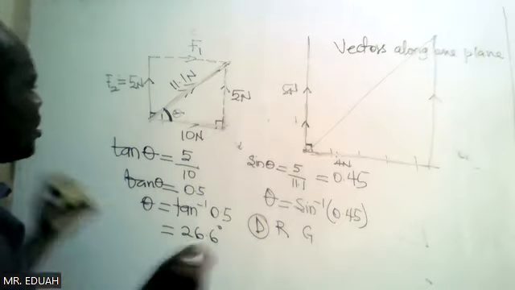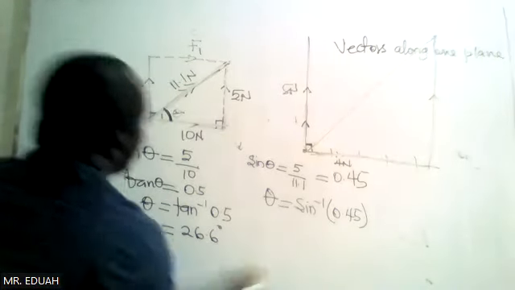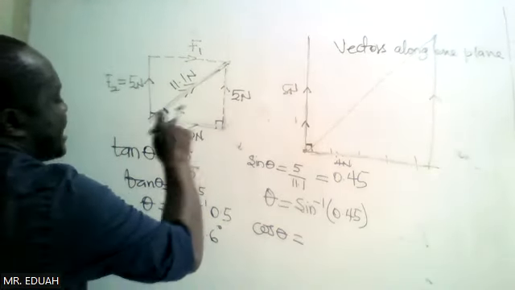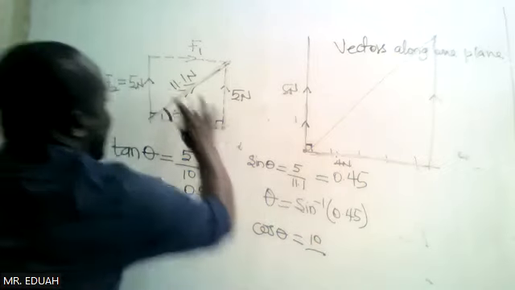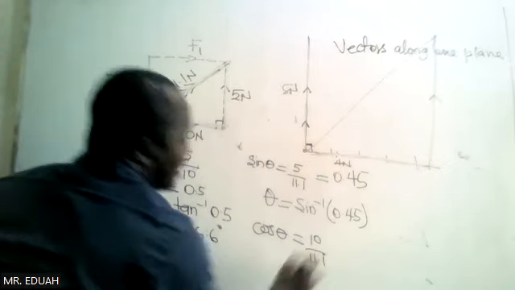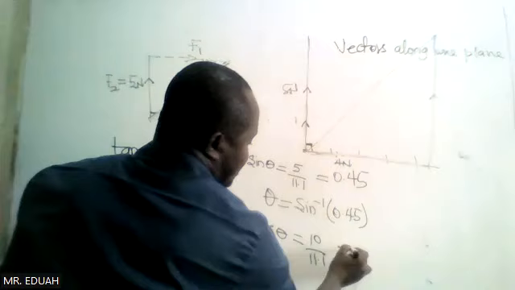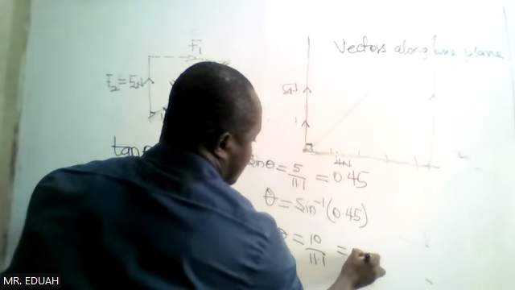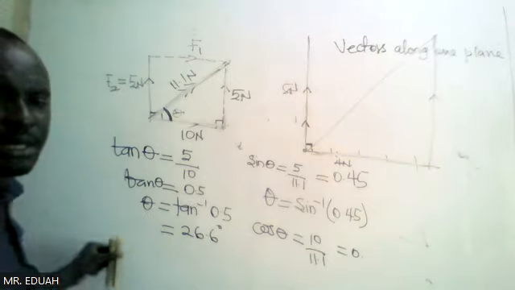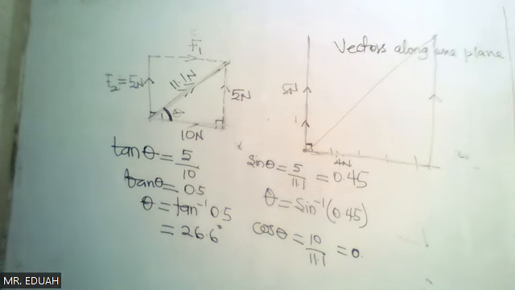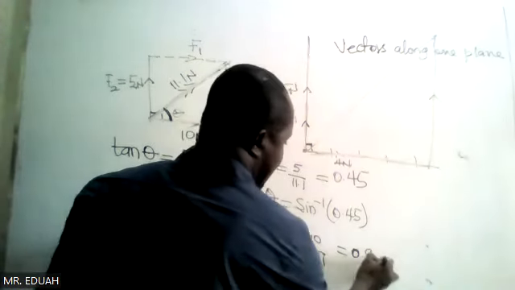So you can also use the cosine. We have every part. Cos of theta is adjacent 10 over the hypotenuse, 11.1. 10 divided by 11.1 must give you 0.901.